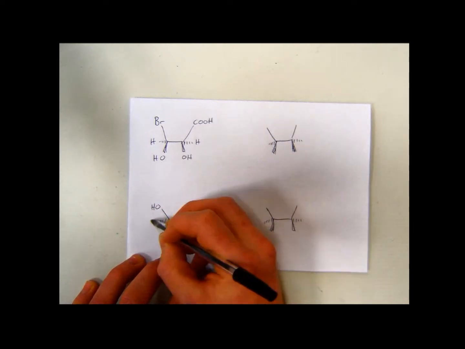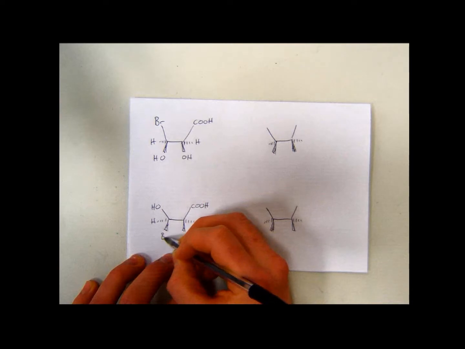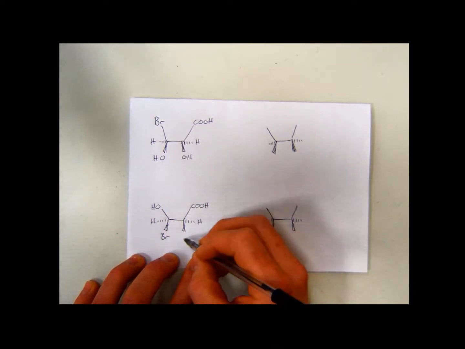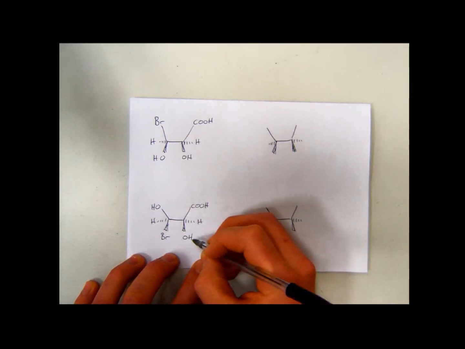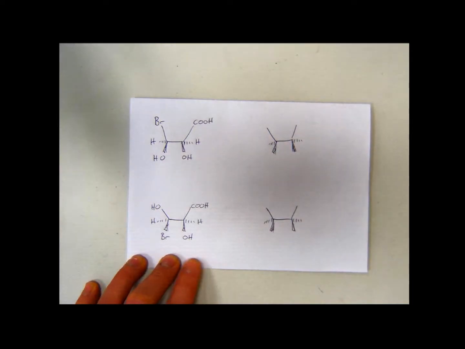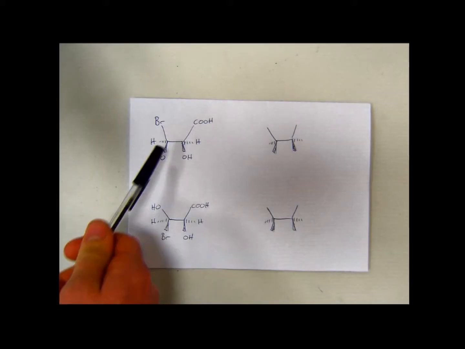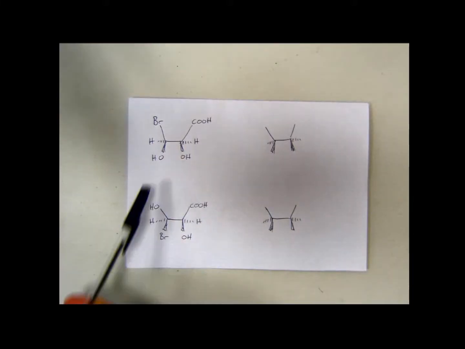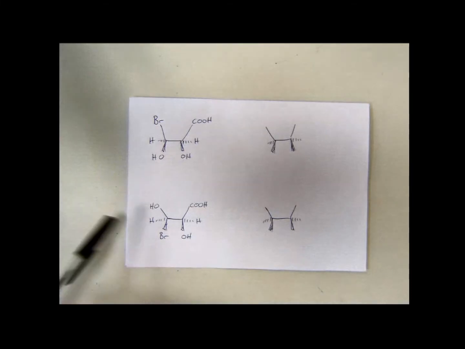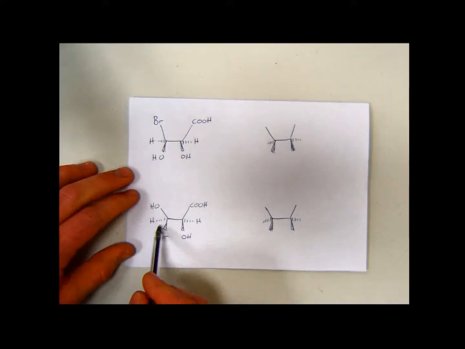I'm keeping both hydrogens at the back of the molecule to make things easier. As you can see, the bromine and the hydroxy group are now pointing forwards in this molecule. From here to here, I've changed one stereocentre, this one.